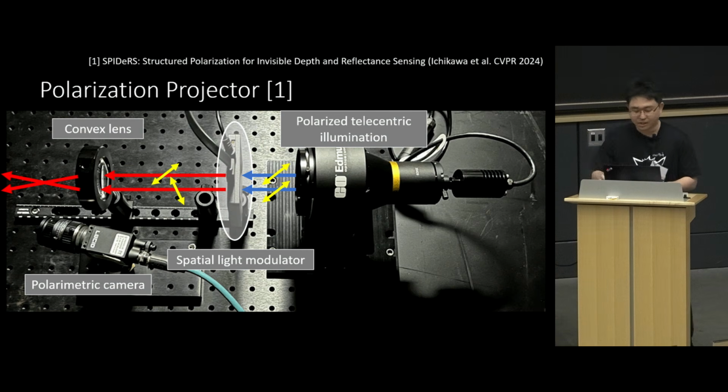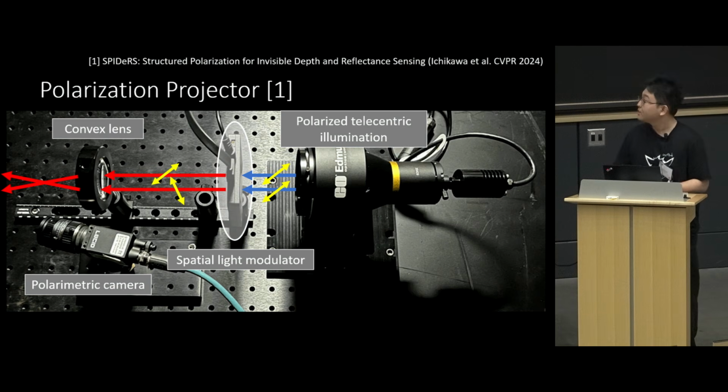This is the actual hardware we use that consists of a collimated polarized light source, spatial light modulator, and a convex lens. Although our previous work, Spiders, uses polarization patterns for shape and reflectance sensing, it requires multiple polarization patterns and is limited to static scenes.